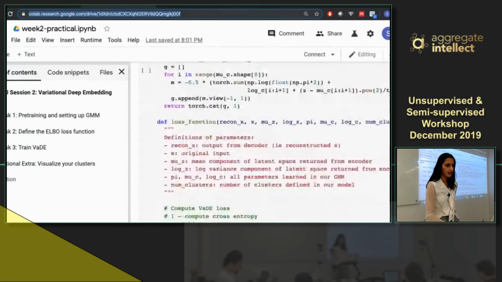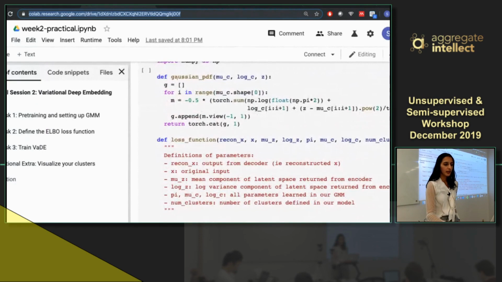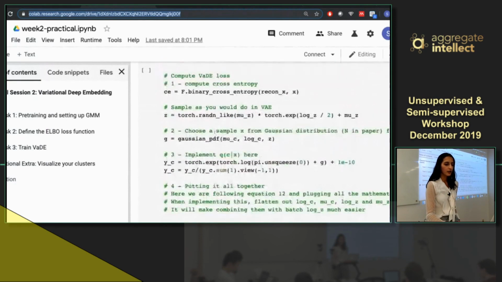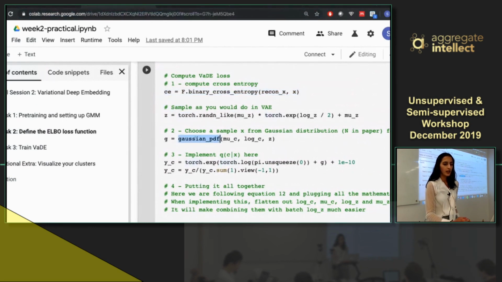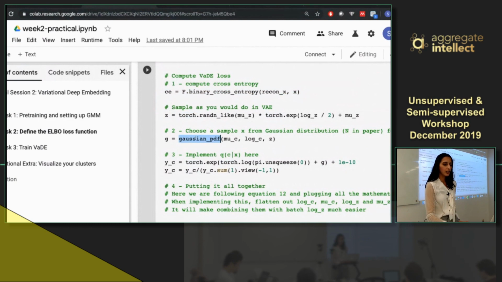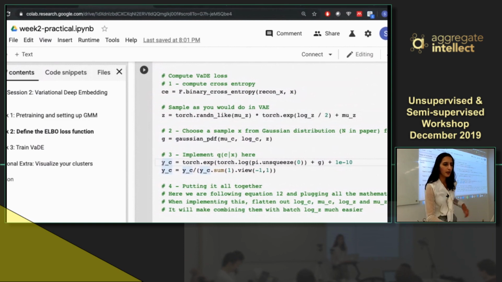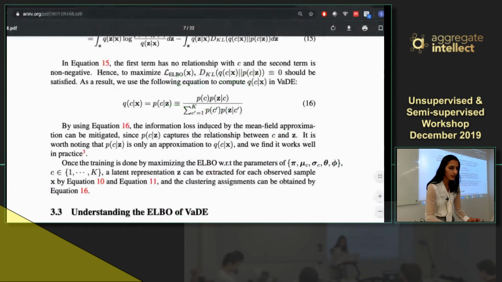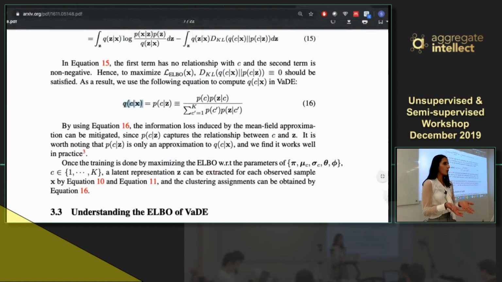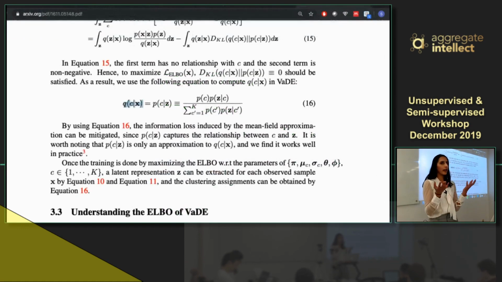I also filled in the cross entropy part, the sampling as you would do in the VaDE, and calling the Gaussian function for each cluster to build this G matrix. And this is the part in the paper, which was this part here. So this part is done and dusted, so you can go back up to the overall ELBO function and fill in all the missing pieces now.